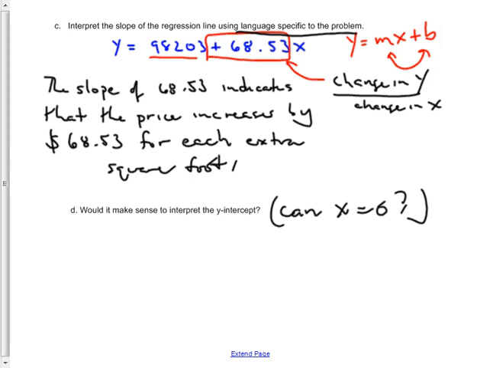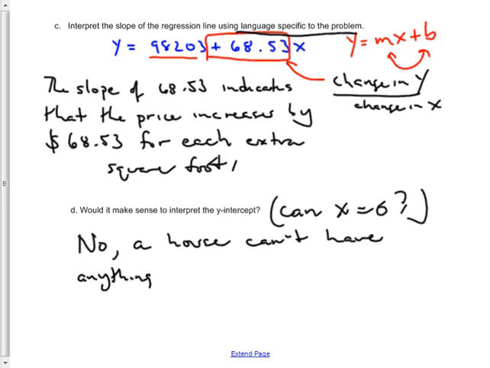X is the number of square feet in the house. So a house not only can't have 0, it can't have anything close. Even those tiny mini houses that are popular now typically have something like 300 square feet, not even close to 0.